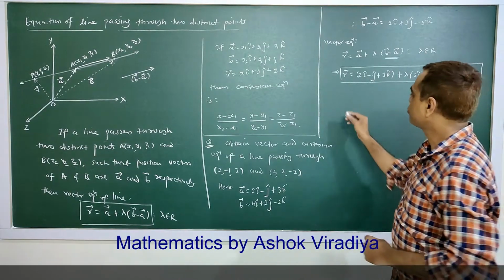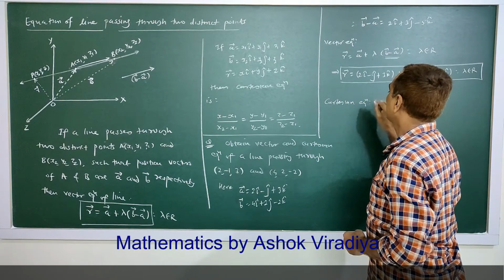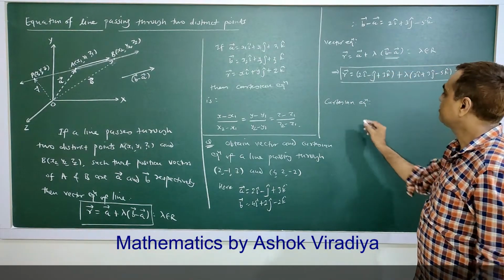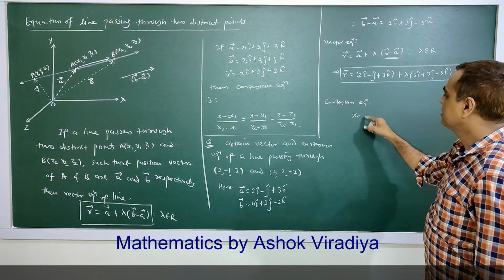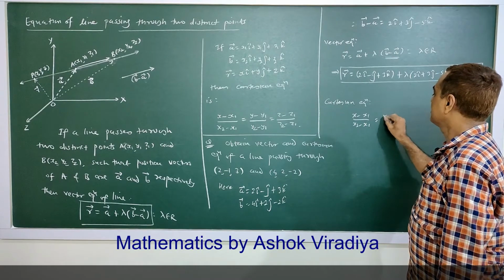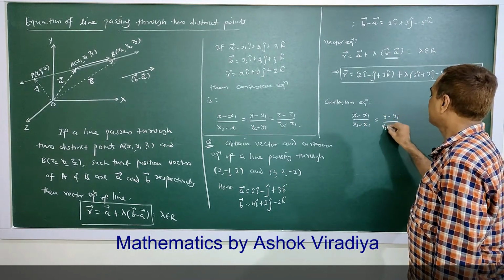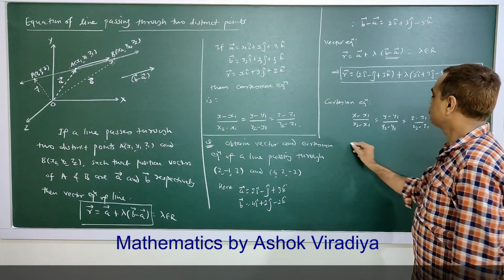And the Cartesian equation is, the formula is x minus x1 upon x2 minus x1, y minus y1 upon y2 minus y1, z minus z1 upon z2 minus z1.